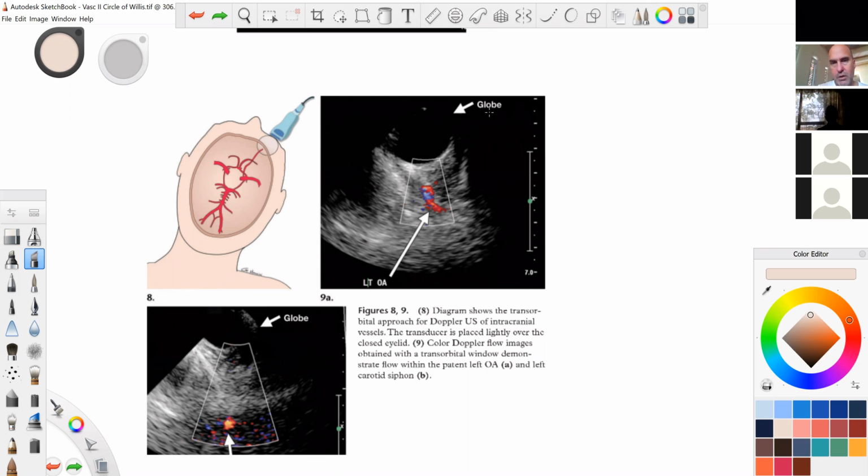When we talk about the globe, that's the globe of the eye, the eyeball itself. So they're scanning right through it, and they're actually seeing the ocular artery right here.